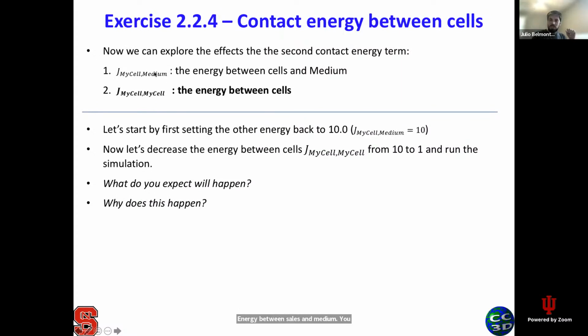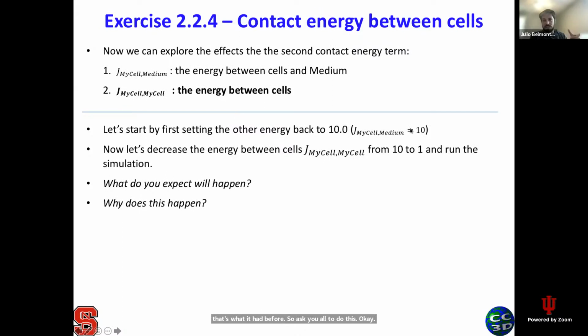You can also explore the other contact energy term, which is the energy between the cells. So why don't we do that now for our next exercise, okay? Let's set the energy between cells and medium back to 10, which is what we had before. I ask you all to do this, okay?